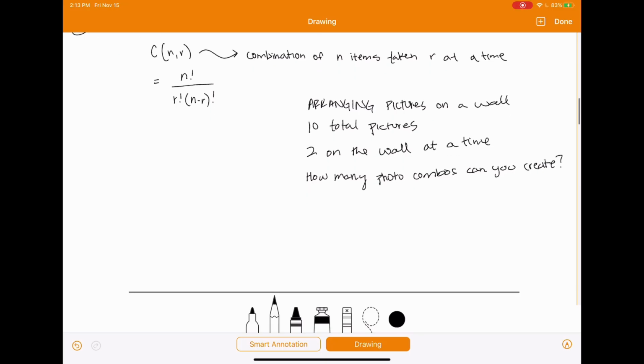All right, so this is going to be our N because that's our total number of items, and we're placing them on the wall 2 at a time, so that's going to be our R.